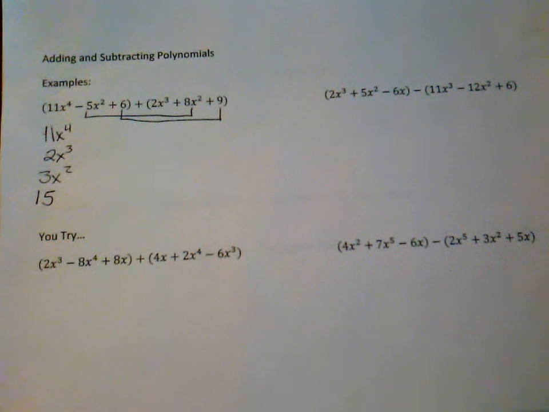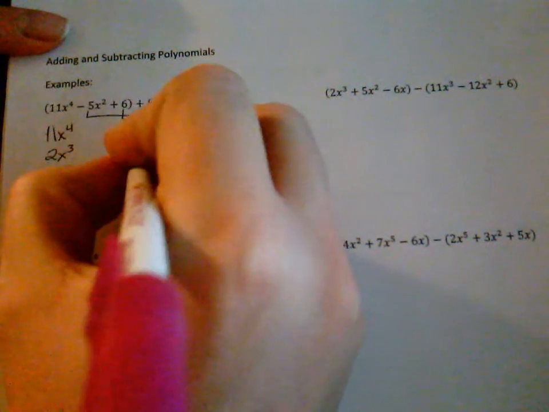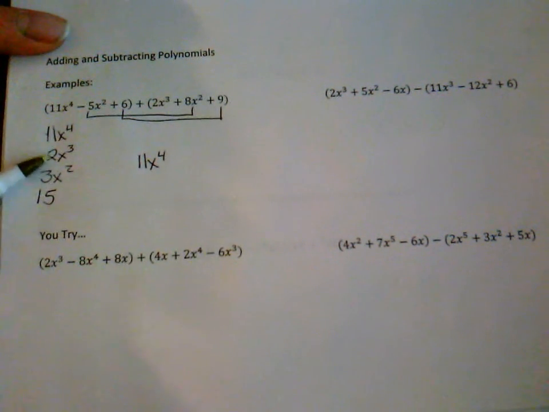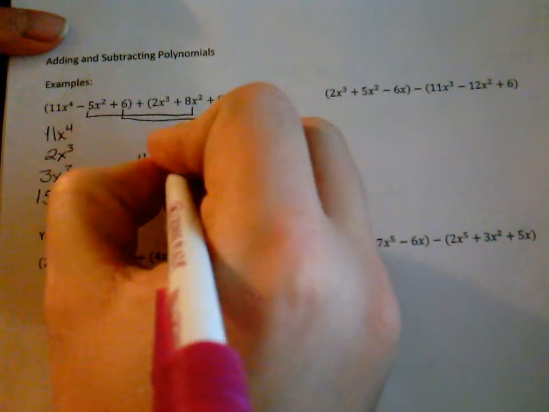Now we're going to write this from least to greatest. As you can see right here, it's least to greatest in terms of exponents. So it goes x^4, x^3, x^2, and nothing. So the x^4 will be written first: 11x^4. Then we have a positive 2, so we're going to put plus 2x^3.